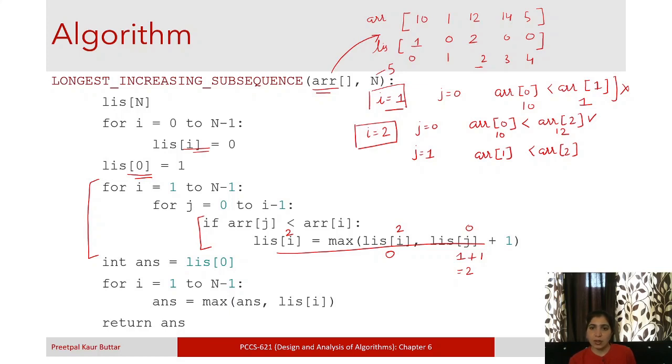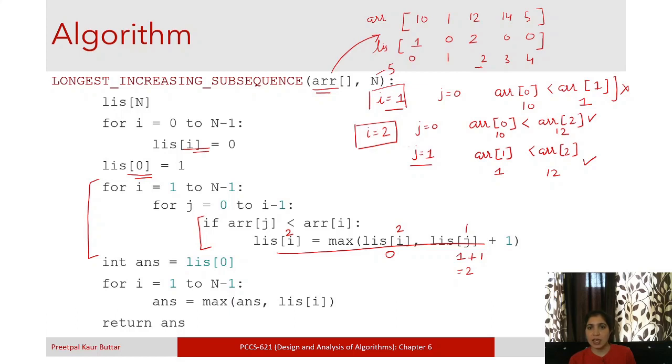Okay, so now let us move to j equal to 1. Here array at 1 is 1 and array at 2 is 12. Again this condition is satisfied. So again LIS 2 is equal to the maximum of LIS I, that is 2, comma LIS j plus 1.